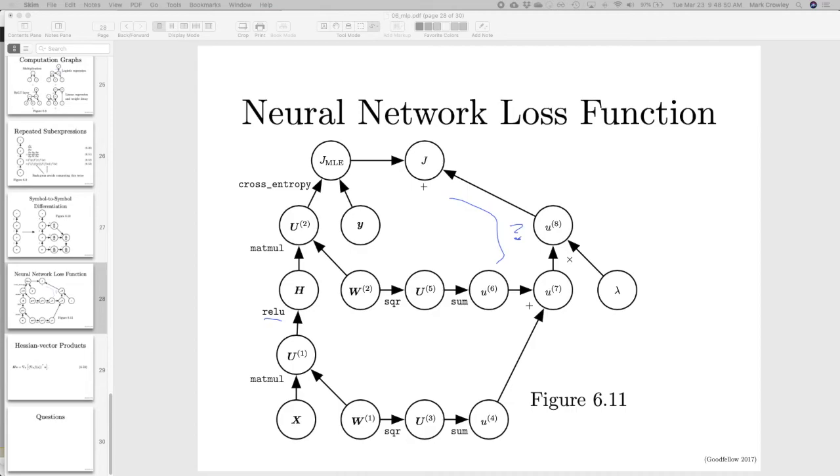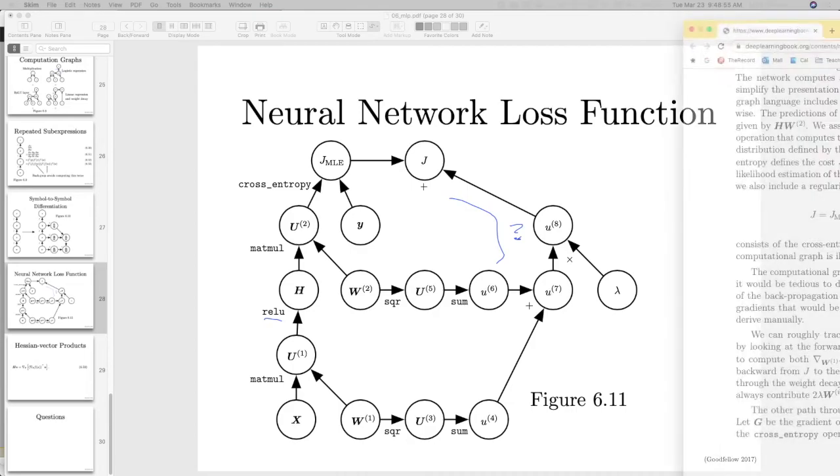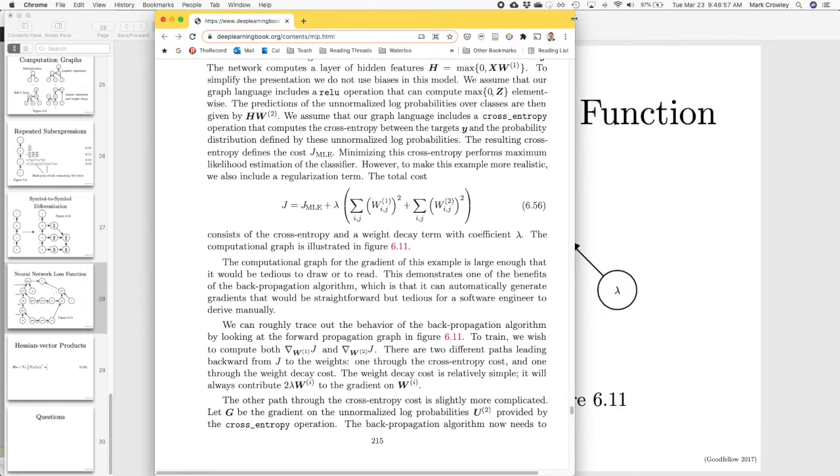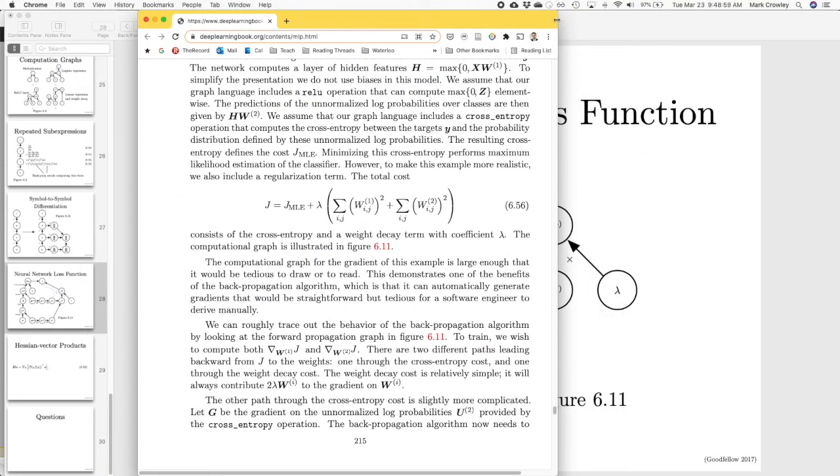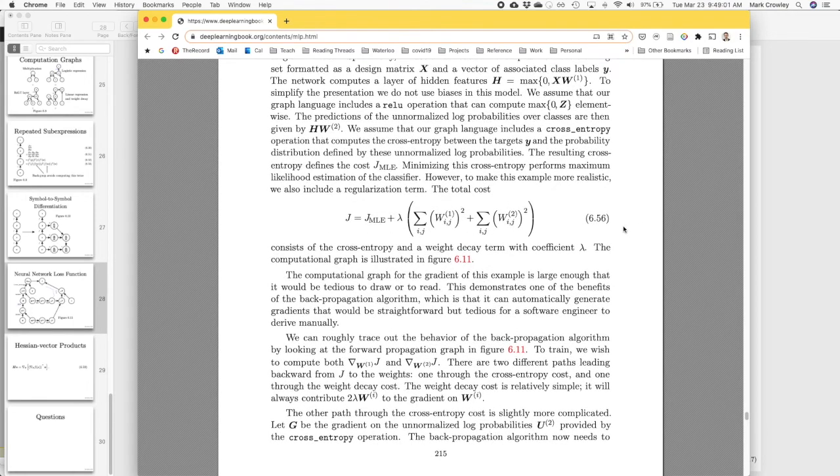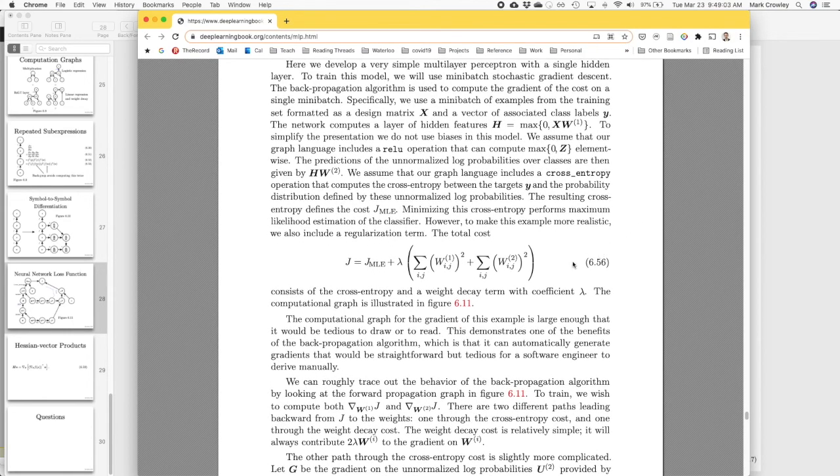So one way you can do that is basically to add some decay terms. What we're talking about in general is this concept of regularization, where you've got your main function, the error you're trying to fit, and this is your loss function J, and that's your standard neural network basically.